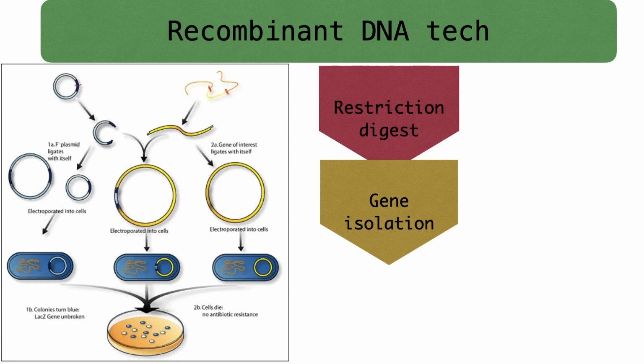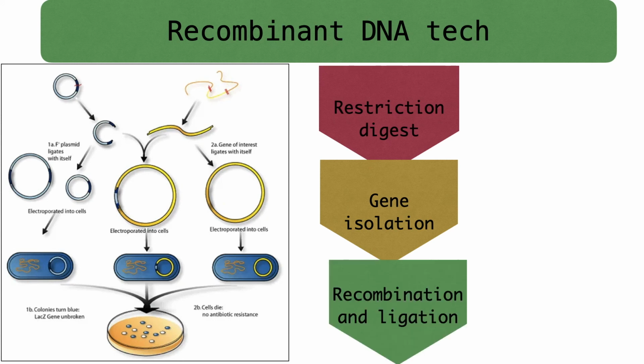We cut the donor DNA and get the fragment, and then we prepare our vector DNA in a similar way with restriction digest. Then we recombine our isolated gene into the vector DNA and ligate them to make a recombinant. Ligation helps to stick the gene fragment isolated from donor DNA into the vector DNA.